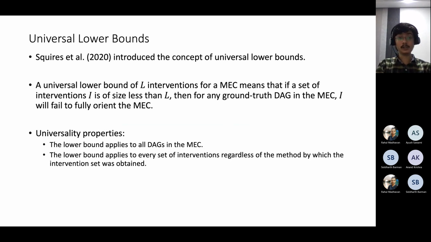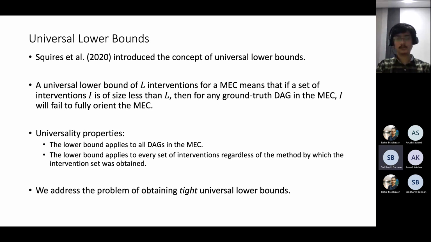It could have been obtained by an active algorithm or a passive algorithm, or even if we know the DAG, as I said. Even lucky guesses are applicable here. Somebody may guess an intervention set and even then, if it is of size less than L, the DAG won't be fully oriented.